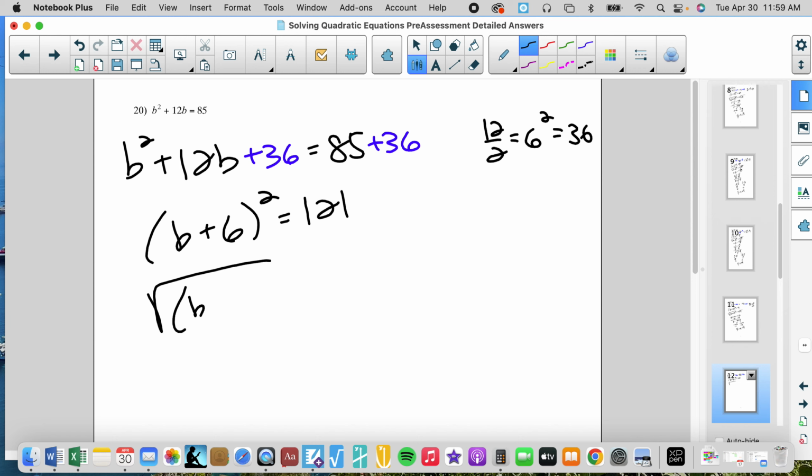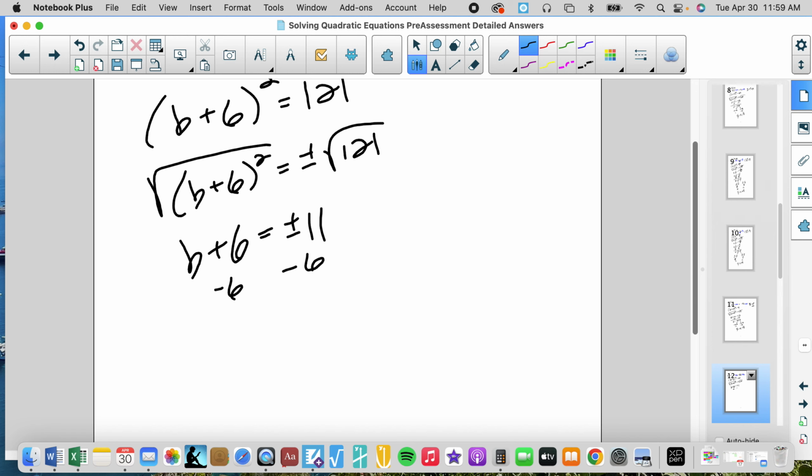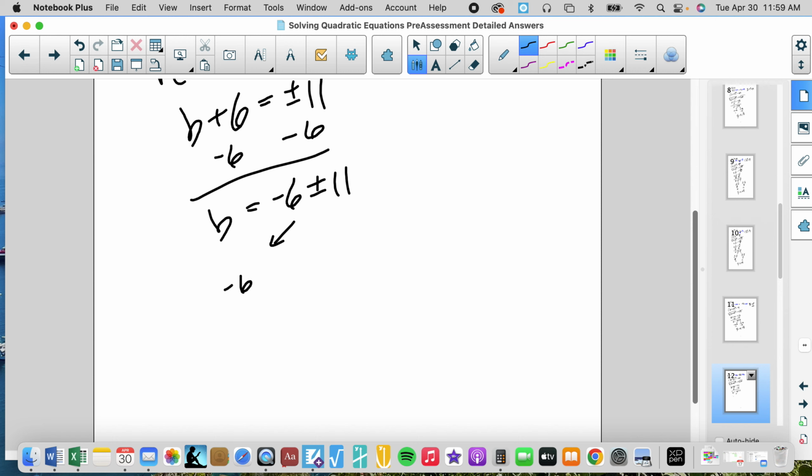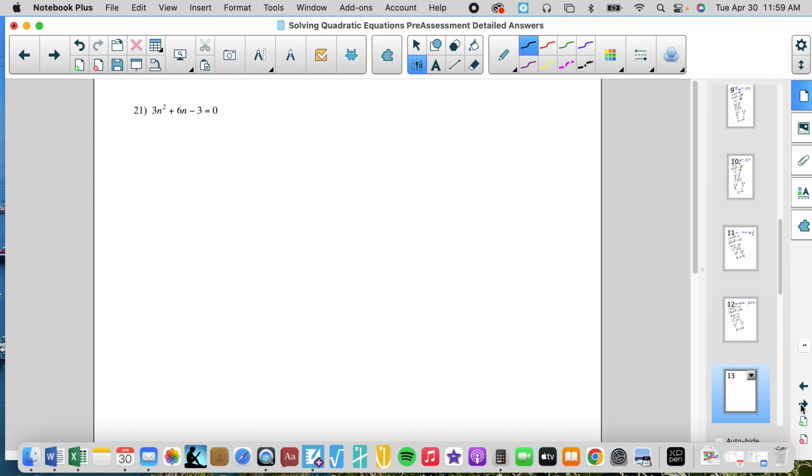Square root: b plus 6 equals plus or minus 11. Those are ones that we recognize. B equals negative 6 plus or minus 11. We get negative 6 plus 11, negative 6 minus 11. That is going to give me 5. This is negative 17, and 5. What's going on here? Those were relatively simple. Nice.